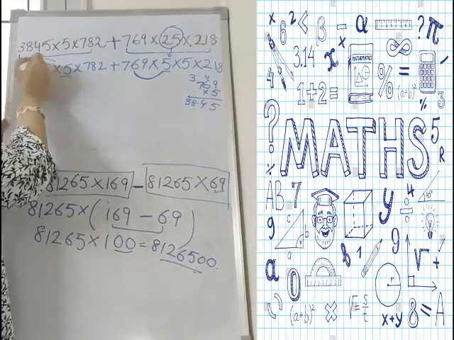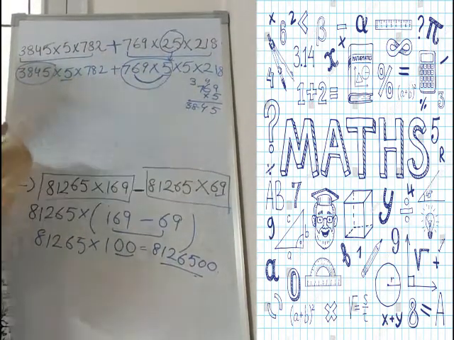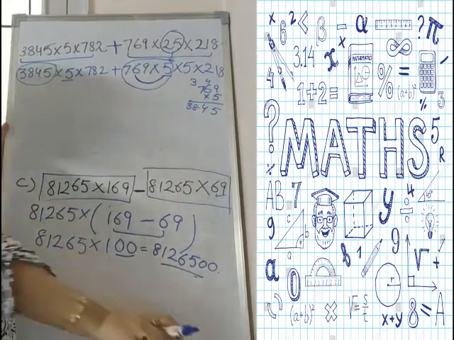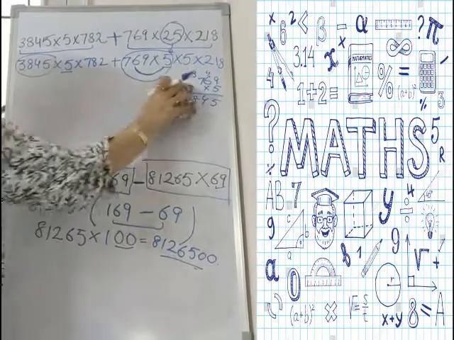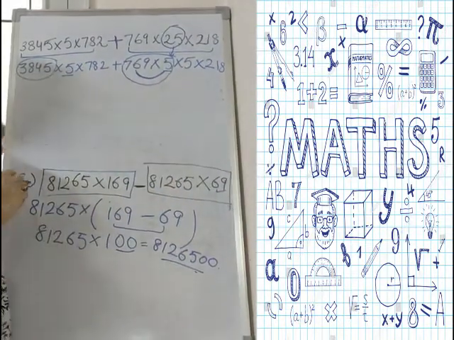As you can see here, 3845. When you club these two, you will get 3845, 3845. Means I can take these numbers out. So these kind of tricks you can use to use distributive property.